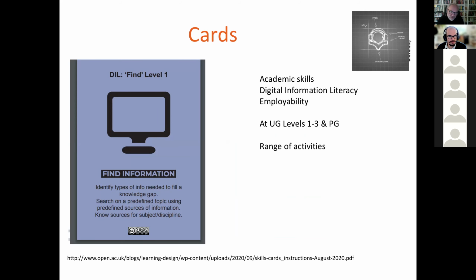I think some of my favorite tools are these cards. We developed a number of cards for 3 different areas: academic skills, digital information literacy, and employability. These are things you might want to be embedding within your course throughout. We've got them at our 3 undergraduate levels and at postgraduate level, and we developed a number of activities that go around them.